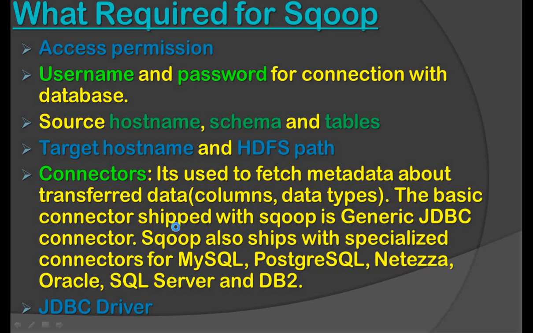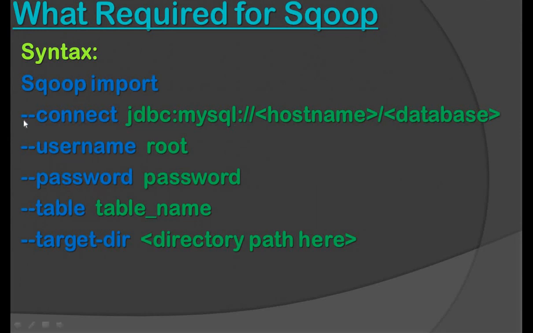Now let's move to the next thing, the syntax for how we can import or export. Here we write the import syntax. We write: sqoop space import, space hyphen hyphen connect space, this is the JDBC driver, jdbc colon mysql colon double slash, then the hostname, and then the database name.